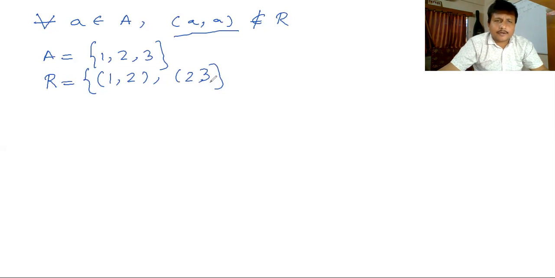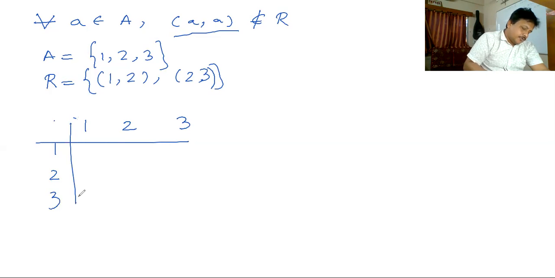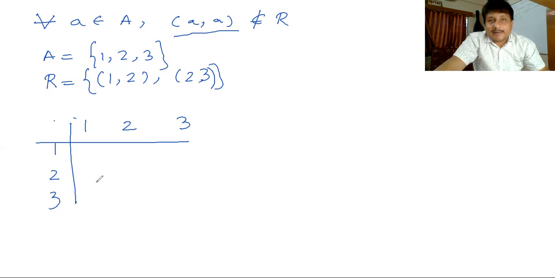That much only. We shall check whether this relation is irreflexive or not. To do that, you can construct the relation matrix like this: 1, 2, 3 row wise, 1, 2, 3 column wise, to get the 3 by 3 matrix.